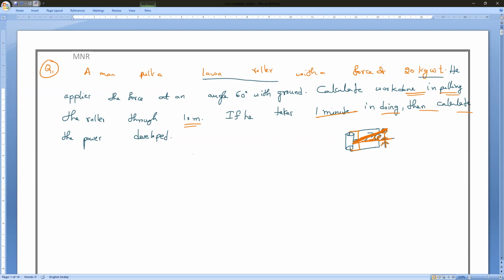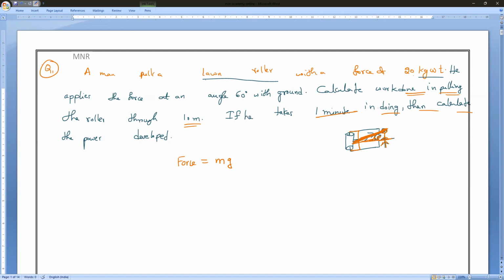So we all know that force is equal to, what is the formula, everybody? Mass into gravity, m into g. Now you can see here, a man pulls a roller with a 20 kilogram weight force. 20 kilogram weight means how much force he is applying. He's already giving a force of 20 kilogram weight.